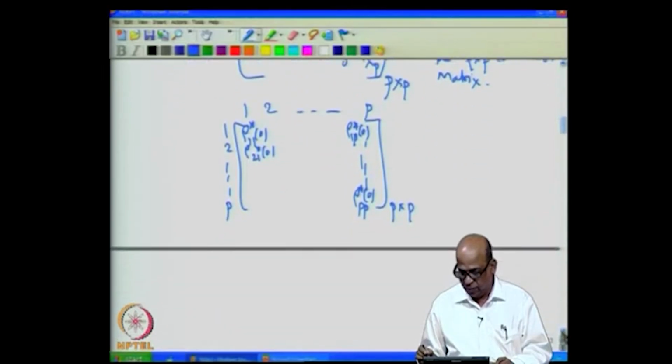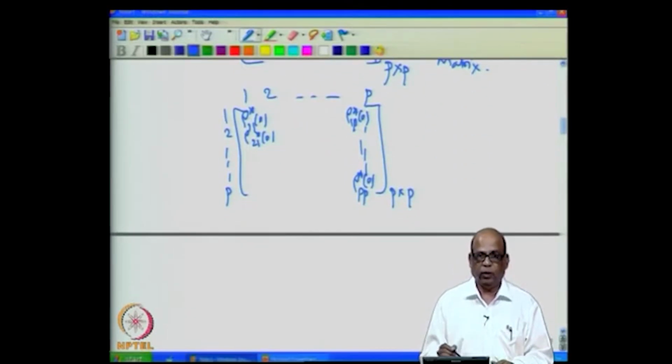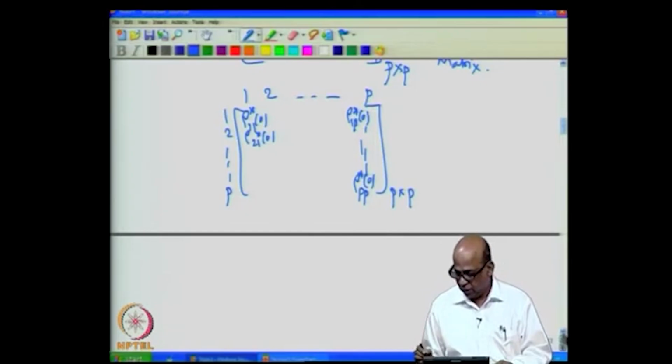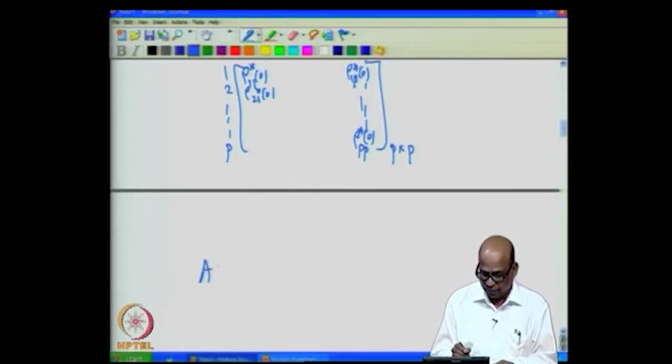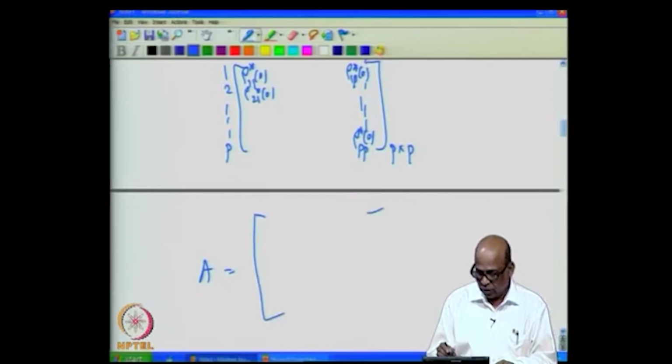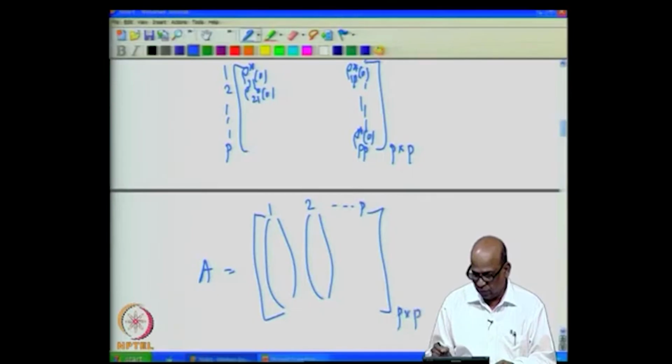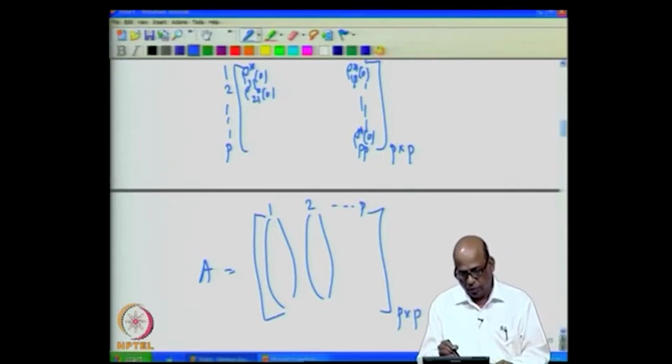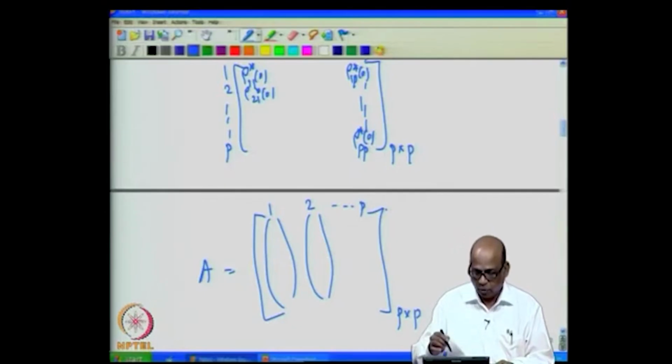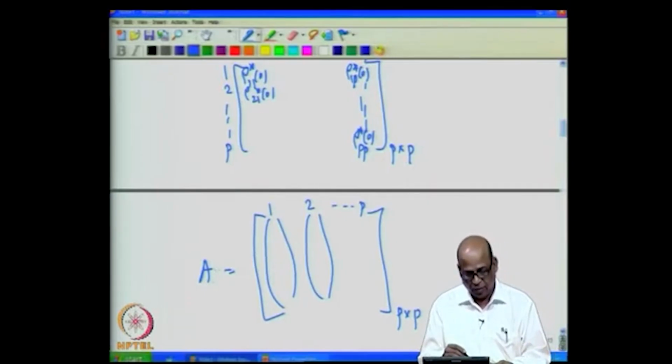When we determine the eigenvalues, we also determine the eigenvectors of this matrix. The size is p by p, therefore, there are p eigenvectors, and then we formulate the A matrix again as a p by p matrix. This one is eigenvector number 1, eigenvector number 2, etcetera, up to p. So, A is a matrix consisting of eigenvectors. Because we are talking about eigenvectors of the matrix of size p by p, you have p eigenvectors. That is how you define the matrix A.